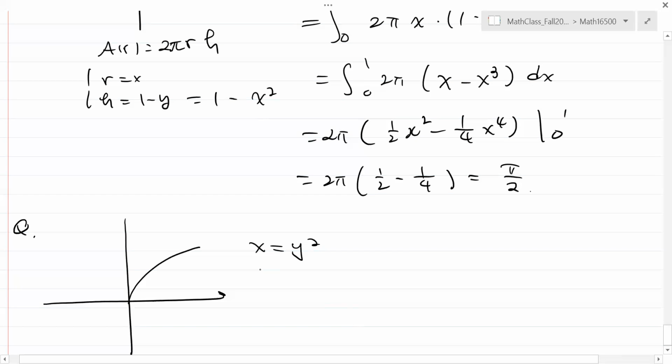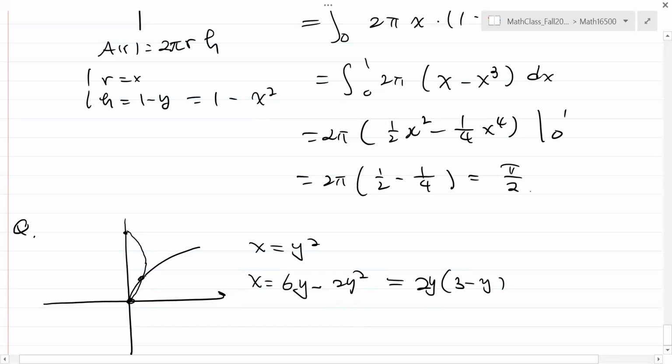Right. So we have another function, x equals 6y minus 2y squared. How does it look? When y equals 0, x is 0, because this is going to be 2y times (3 minus y), right? So it looks like that.